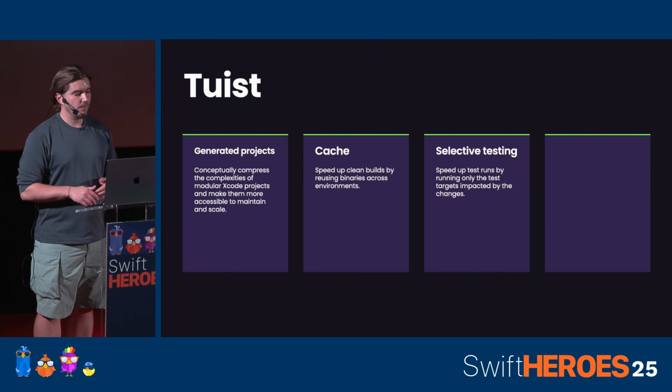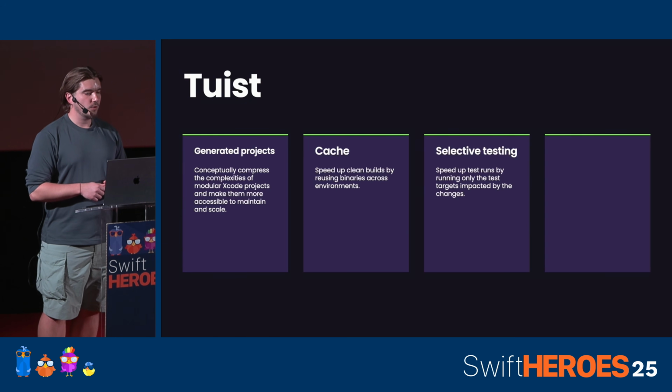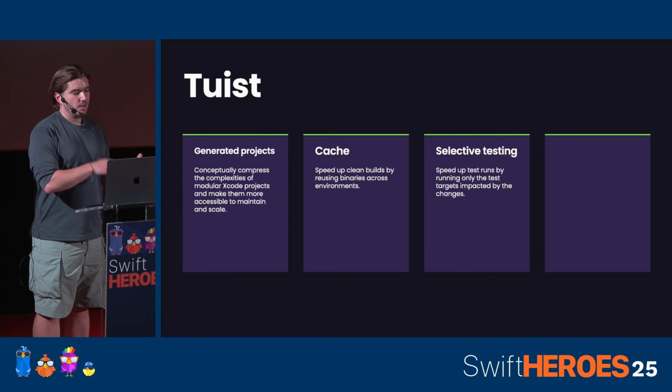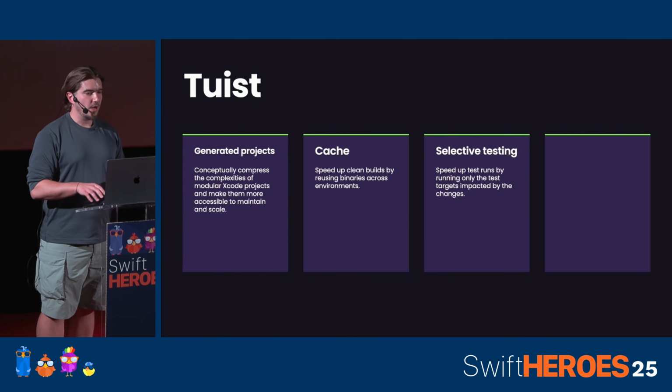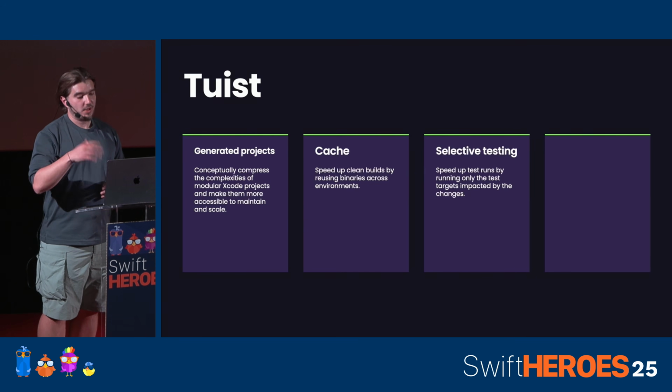Then using cache even more, which is selective testing. Thanks to the cache capability, tuist is able to detect the targets that were affected by any change you're trying to implement. And tuist runs only tests that was affected.